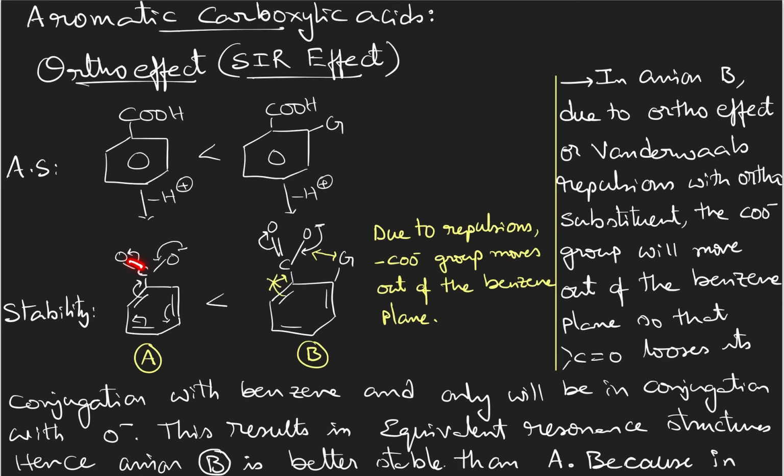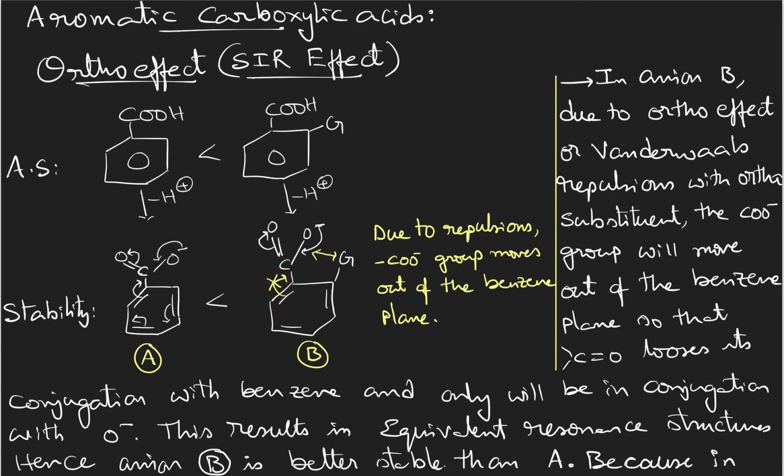Therefore, this pi bond and this negative charge p orbital are all in the same plane, so delocalization is possible. Whereas here, this COO minus will move perpendicular to the benzene plane. When it moves perpendicular to the benzene plane, the C double bond O pi bond is no longer in conjugation with the benzene pi bond. The benzene pi bond is perpendicular to the C double bond O pi bond, so this delocalization is no more possible. Understood the point?